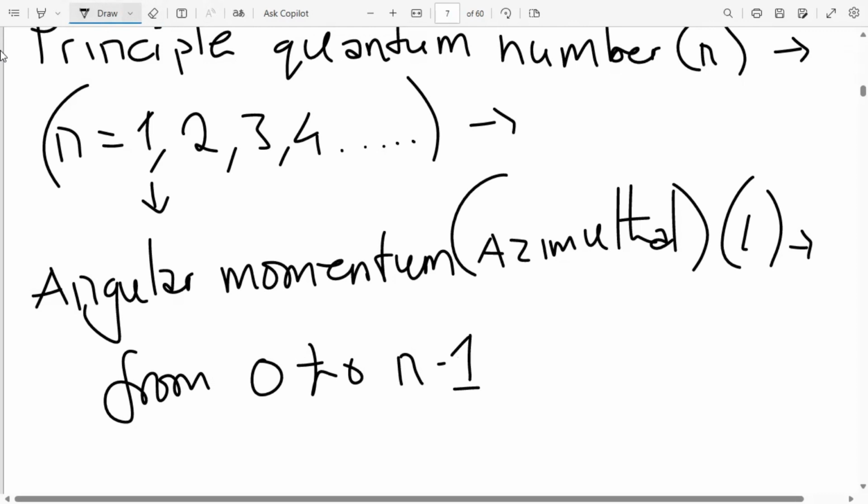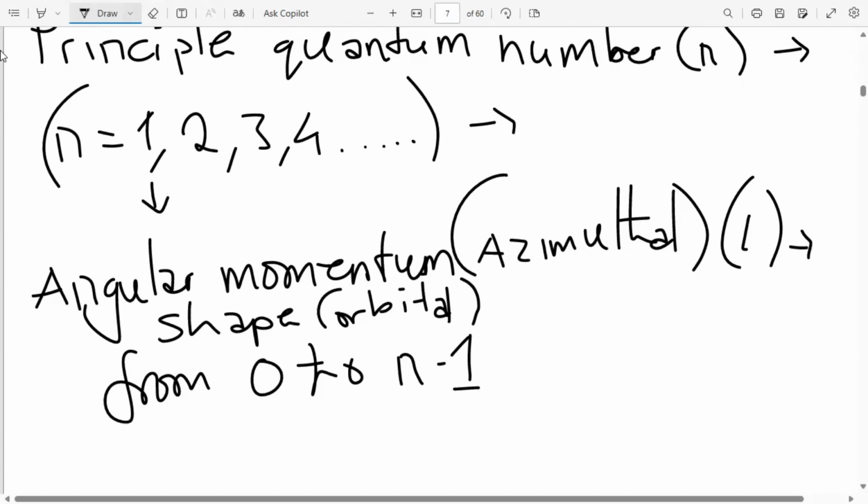The n is coming from the principal quantum number. So you can see, slowly by slowly, we are getting to the actual address of the electron using these quantum numbers. The angular momentum quantum number tells us the shape of the orbital and its subshell, since orbitals are found in subshells. So the numbers defining it range from 0 to n minus 1.